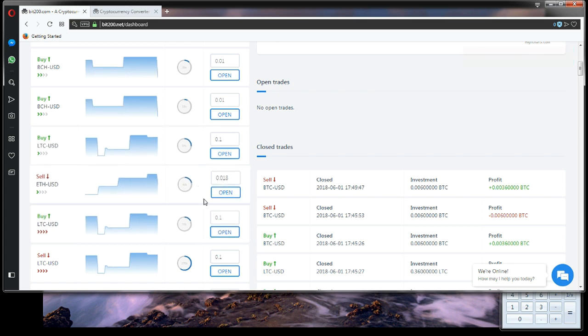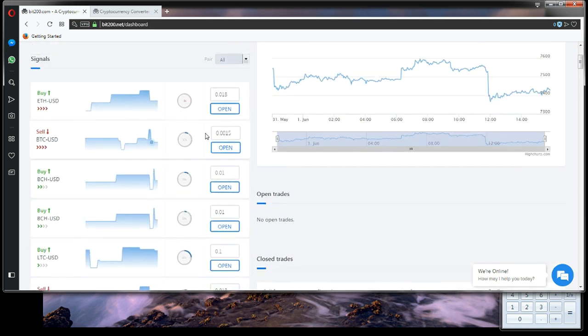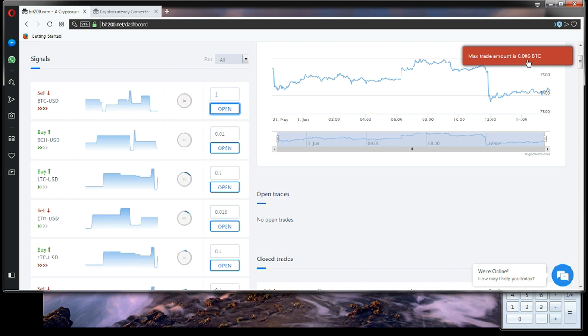Let's try another one and check what is the top amount available. Let's type in 1. Yes, and here, as you can see, this is too big an amount to open the trade. The maximum trade is 0.006 Bitcoin, roughly $50, right? Okay.